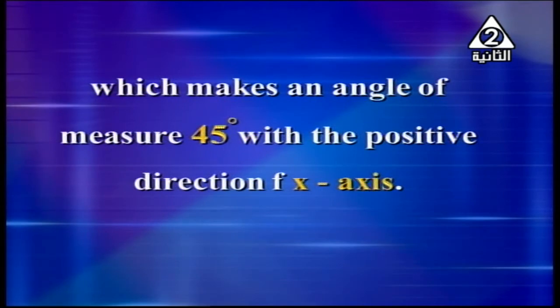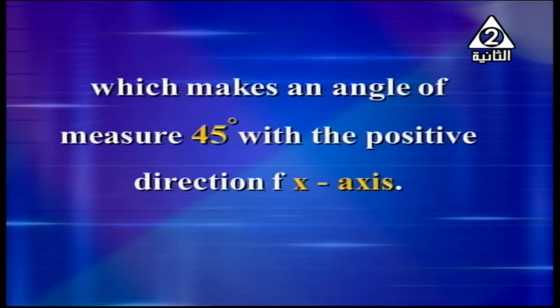And I want you to prove that these two straight lines are parallel. To prove that two straight lines are parallel, you must prove that their slopes are equal. Then we must find the slope of the first straight line, the slope of the second one, and if they are equal, so the two straight lines are parallel.